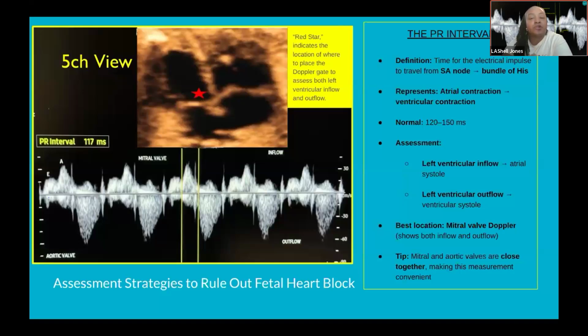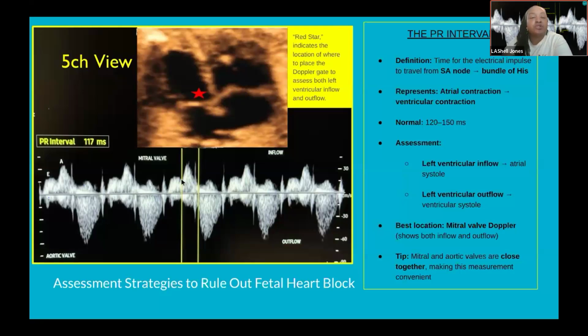When you hit set for your spectral Doppler waveform, you will have this particular waveform come up. You'll have the mitral valve showing the inflow, and then you'll also see the aortic outflow, which is seen below the baseline. Now, how to measure on our machines, we do have a PR interval button. We hit the button, here's a caliper.